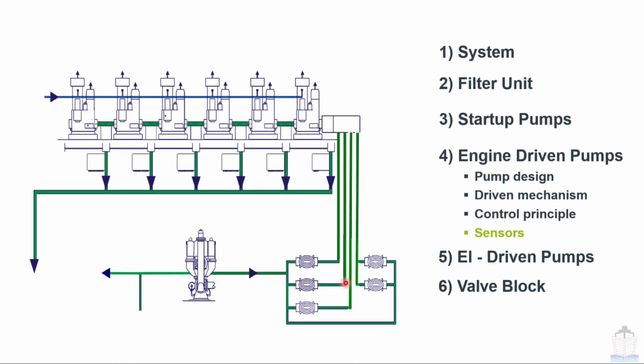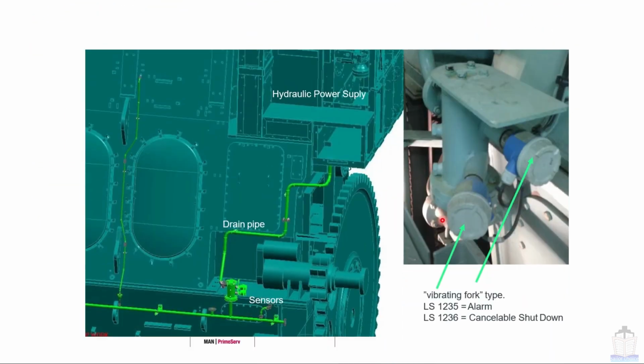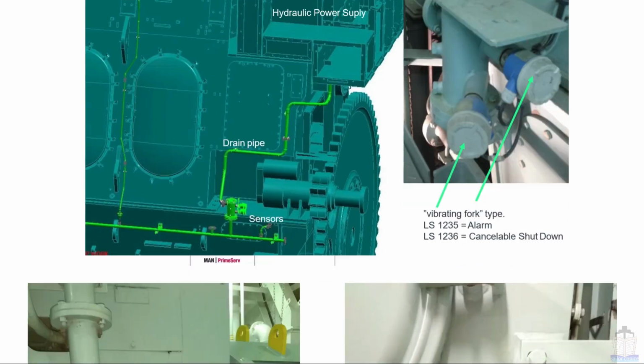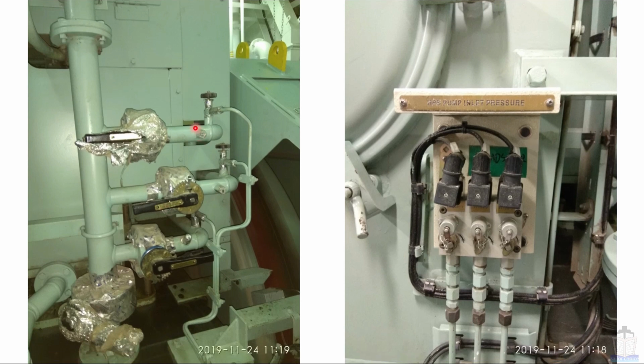Now we are going to talk about the next topic, that is sensors. Regarding this sensor, we have already discussed before, just I want to show you once again. This one is for alarm purpose and this one is for shutdown purpose. In the left picture, you can see there are 3 pipes.